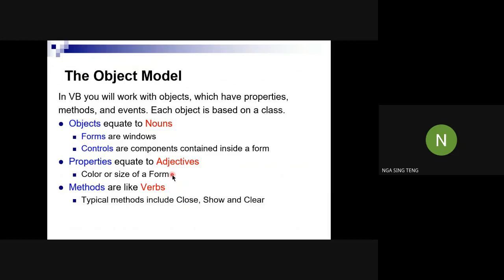After you drag and drop certain components or elements, you can adjust the properties of the object. And also you can adjust whatever methods you want for an object. So methods are like verbs, the functions. Typical methods include close, show, and clear.